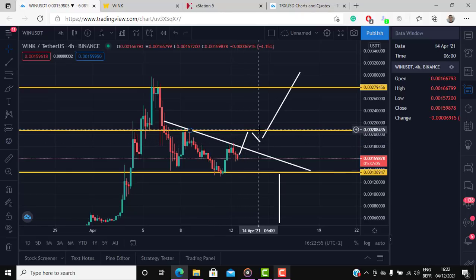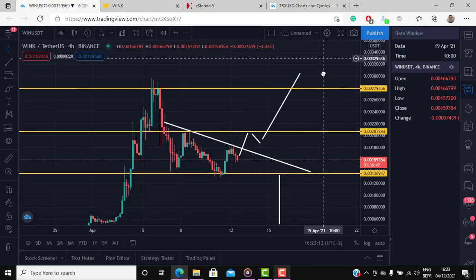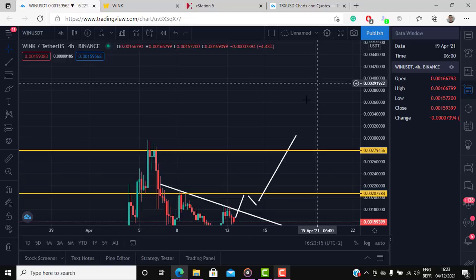Maybe we'll draw this reverse head and shoulders, maybe not, but you could go long around here if you're aggressive. If you're more conservative, you would probably want to wait until we break this level here and then take some profit around the all-time highs, and if we do break the all-time highs, we could be in for the next big move to the upside.